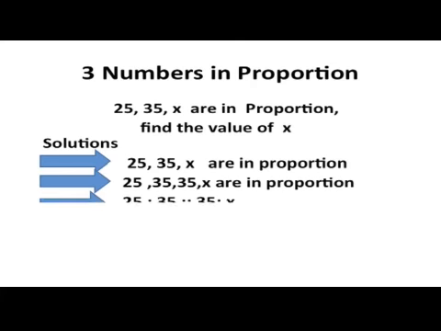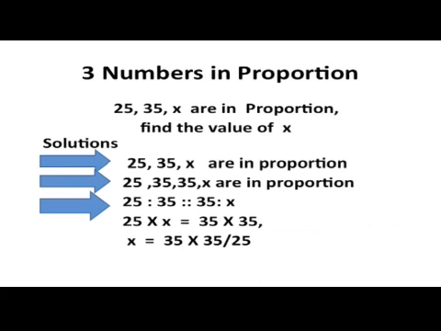Therefore, 25 is to 35 :: 35 is to x. Therefore, we can write it as 25 into x is equal to 35 into 35. Then x is equal to 35 into 35 divided by 25. We get the answer x is equal to 49.